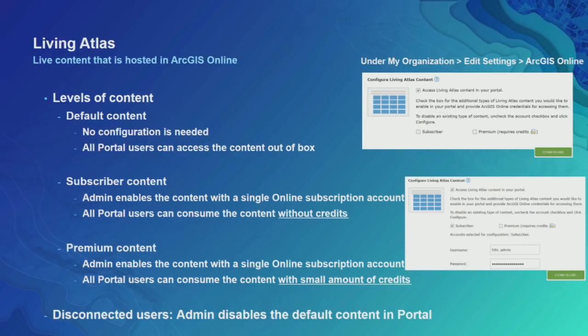Can you apportion one subscriber a certain amount of credits that they can use, and when they hit that, you cut them off? Yeah, so it's interesting. When you set up Living Atlas content this way, you have to provide a username and password. All Living Atlas content accessed through your portal by all of your users goes through that one user account.